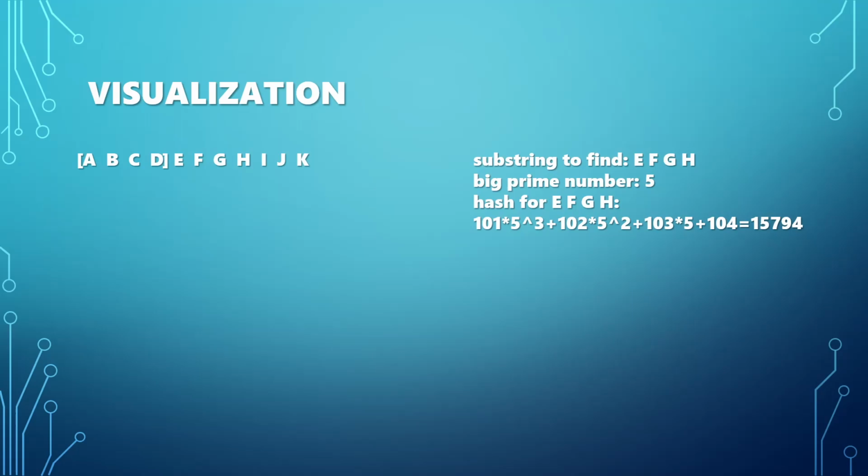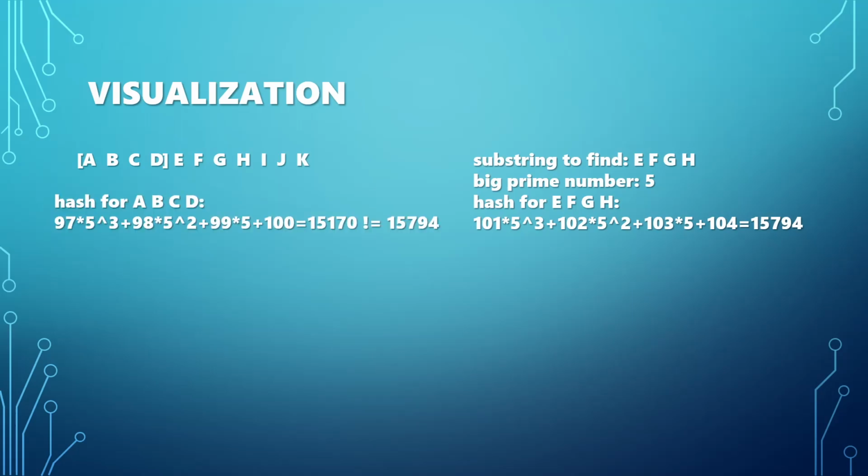Okay, so what do we need? We need at first to calculate the hash for the substring we need to find. And here is the polynomial or rolling hash, where 101, 102 are Unicode codes of letters, of chars. We get a number, 15,794.